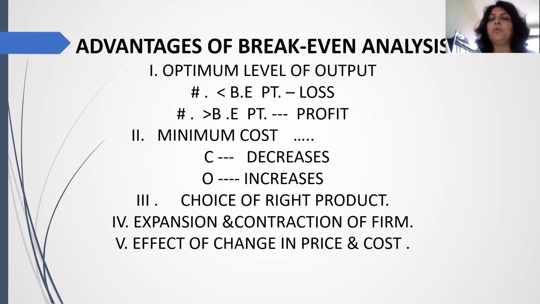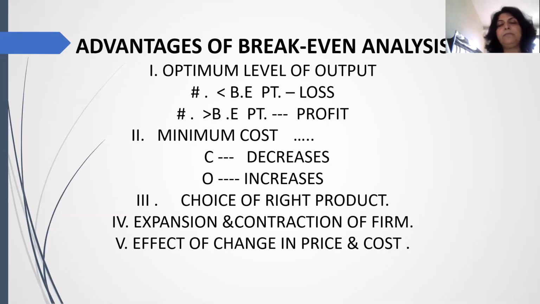Firms come to know through break-even analysis what is the output level where it will incur losses, and the point where the profits will start. If you are below the break-even point, firms will incur losses. Above the break-even point, firms will incur profits.